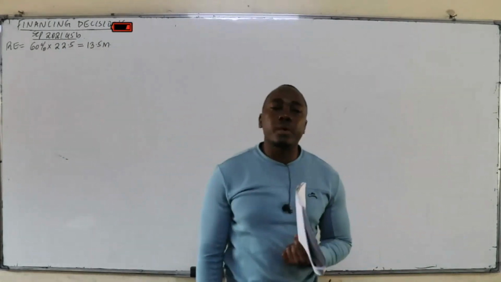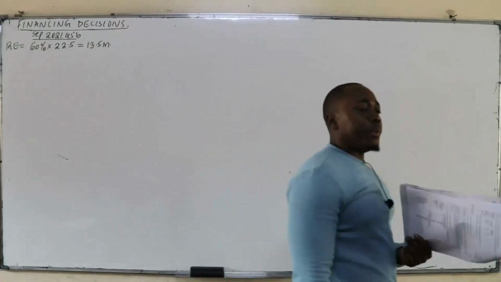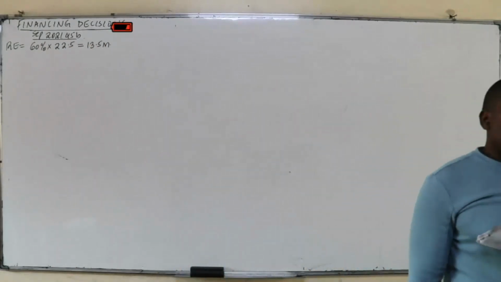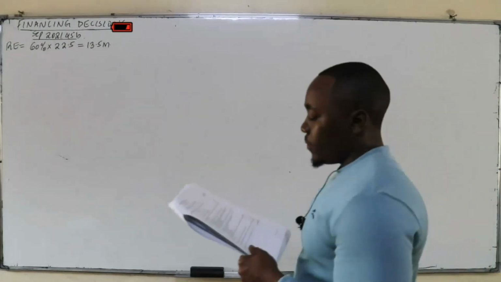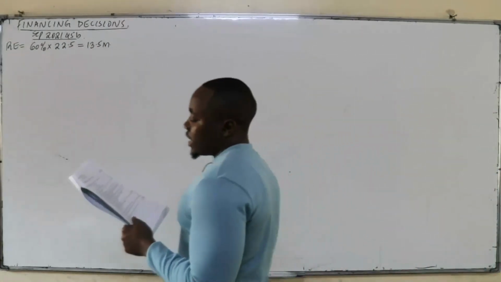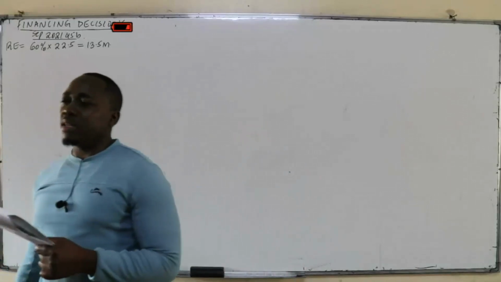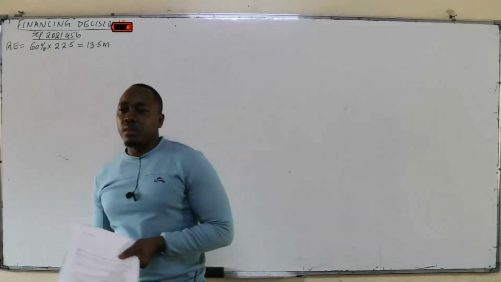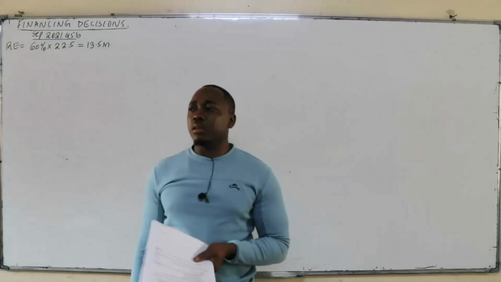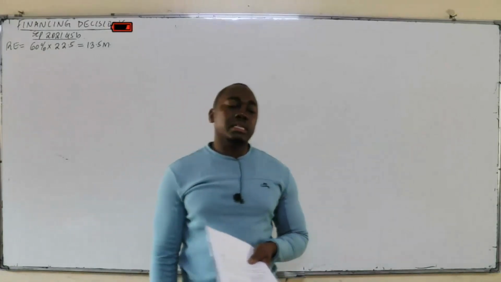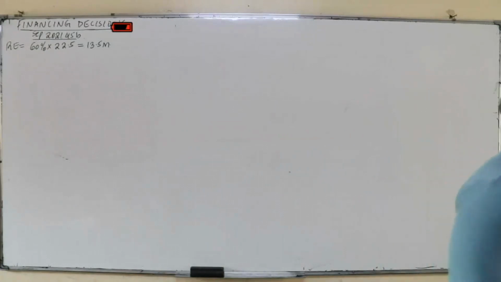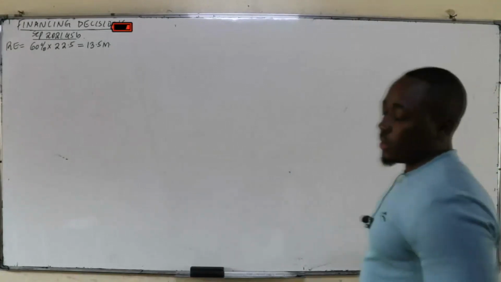Now that's P0. Write that. Number four. Ordinary shareholders expect a dividend of 6. What is that? That is the cost of equity. Write D1.